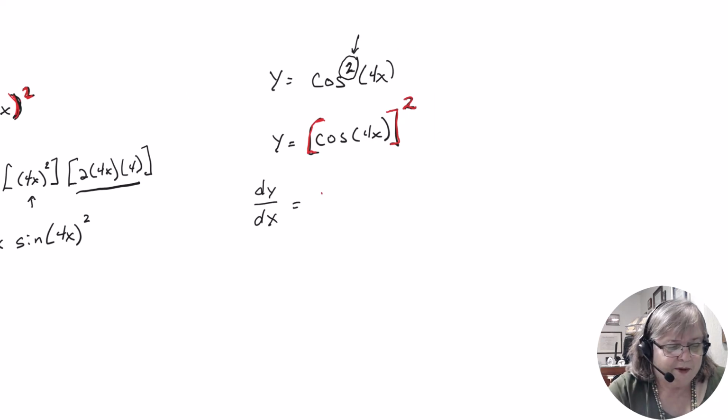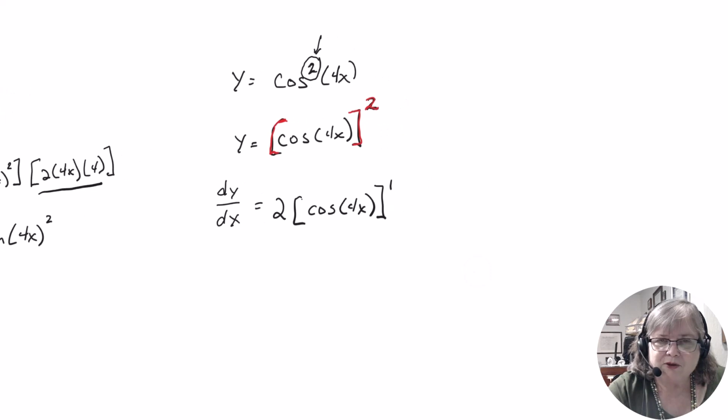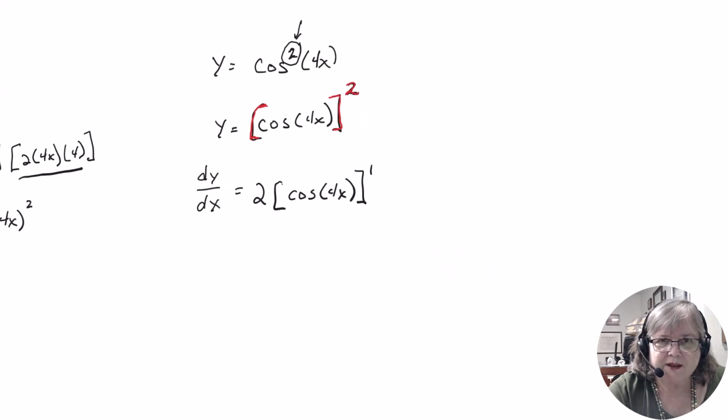You bring the power down, you leave the inside alone, take 1 off the power, loop back in and take the derivative of cosine of 4x. So what we're looking at right here is this cosine of 4x, as if the rest of it's not there.